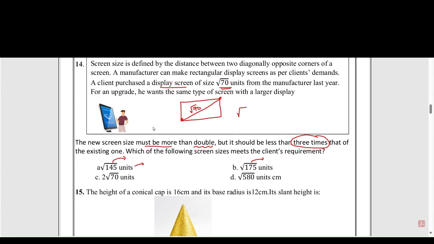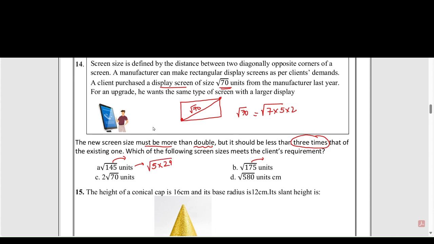See, root 70 is 7 into 5 into 2. Root 145 is 5 into 29.